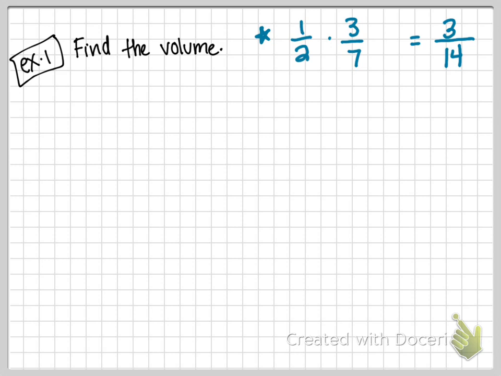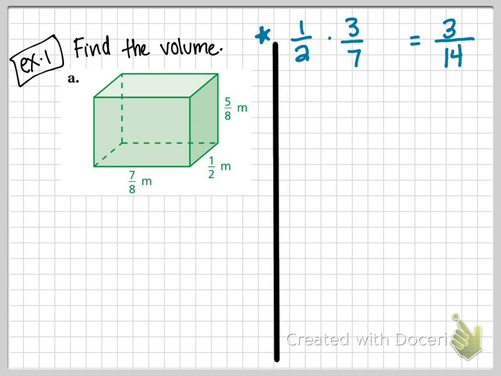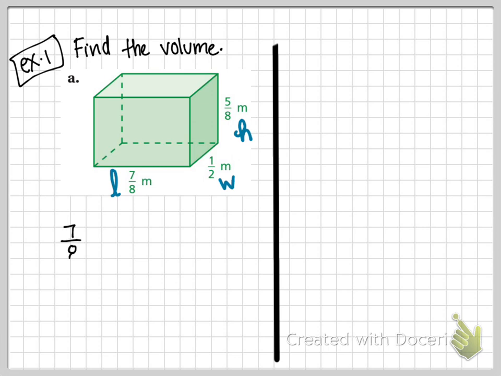Here we go. Let's do an example. Okay, here is our figure. Go ahead and sketch this in your notes. Sketch a little prism and label it. All right, so we know that volume is length, if we call this our length, times width times height. So we're going to just be multiplying all of these together. 7/8 times 1/2 times 5/8.